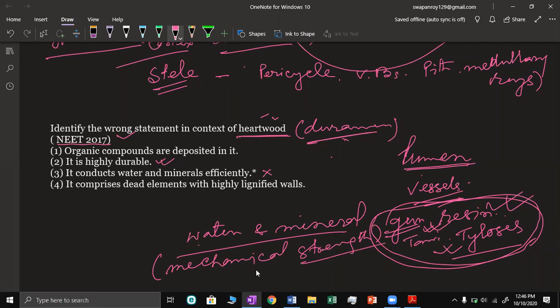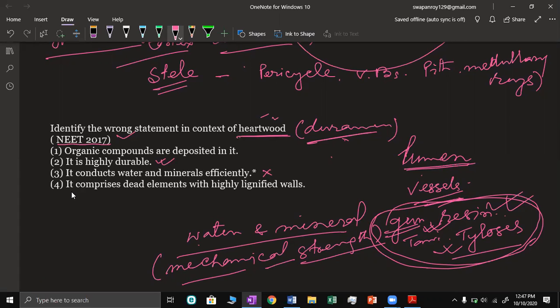Physiologically, it is inert. That is, no physiological function, the conduction of water is not taking place through this. Conduction of water takes place by sapwood. Okay, so this statement is wrong in context of heartwood.